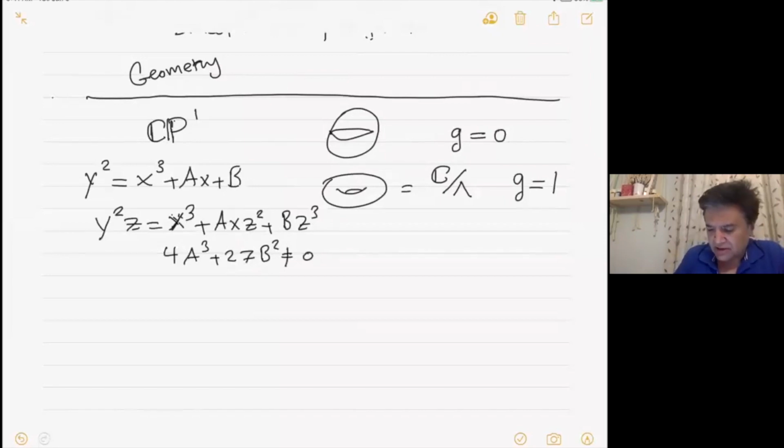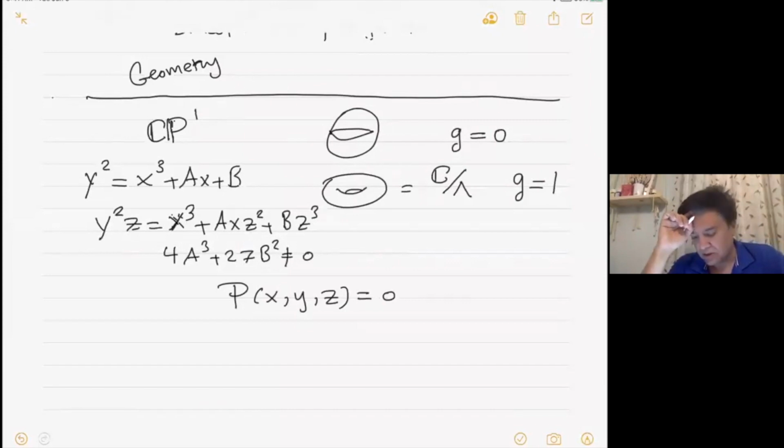And you can define many Riemann surfaces by equations like these. You have a homogeneous equation, a polynomial of degree d, for instance. You look at the zeros of this polynomial, and you think of these zeros as a subset of CP2. Because it's homogeneous, if x, y, and z are solutions, then lambda x, lambda y, and lambda z are solutions as well. Therefore, you can think of the solutions inside the complex projective plane.